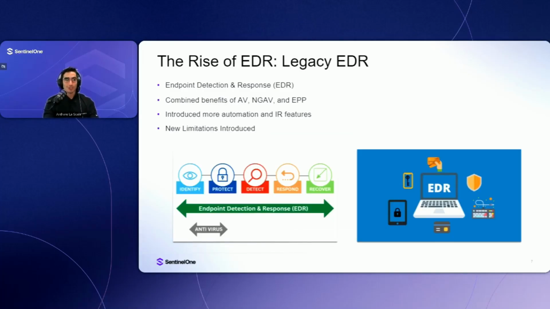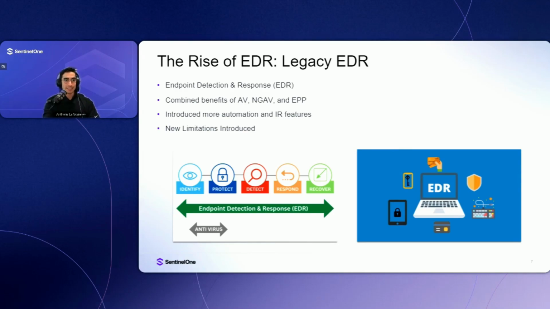Next, we move on to legacy endpoint detection and response, or EDR. EDR became the mainstay for organizations looking to secure endpoints over the last 5 years. It's a combination of signature-based detection, endpoint control, or EPPs, and a moderate implementation of machine learning, NGAVs, for endpoint security.